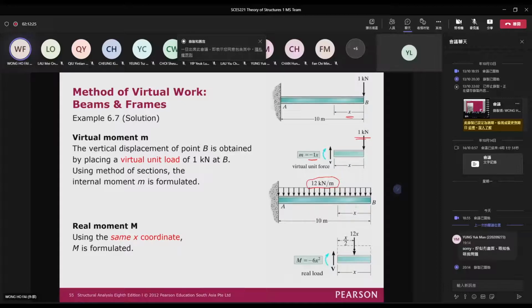Again, you will cut the same section here, and you can find that the real moment is equal to negative 6 times x squared. Now, I think you know how to find the moment functions, right? Remember, they need to use the same coordinate. This is x here, and this is x here.